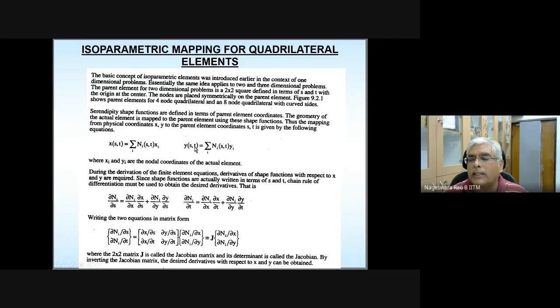Similarly, y as a function of s and t is equal to sigma Ni yi. Ni is going to be a function of s and t. So please take a note of this. Here, xi, yi are the nodal coordinates of the actual element, and s and t are the coordinates of nodes for the parent element. So please take a note of these two equations.